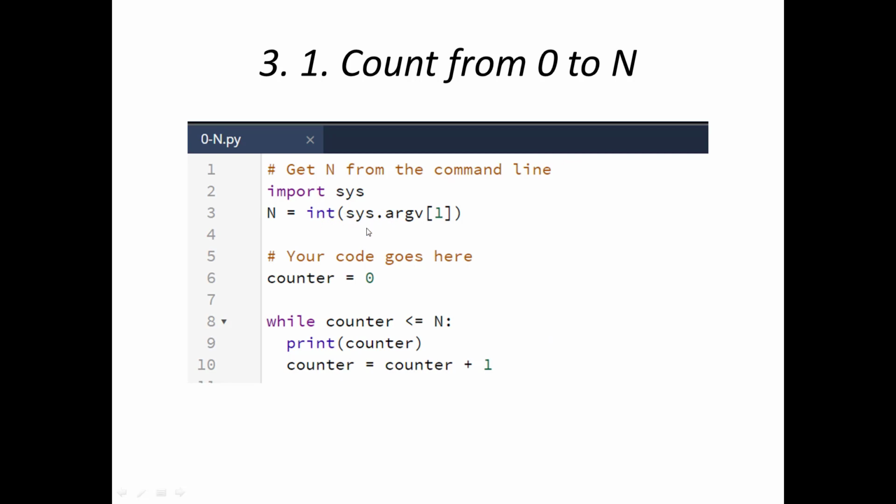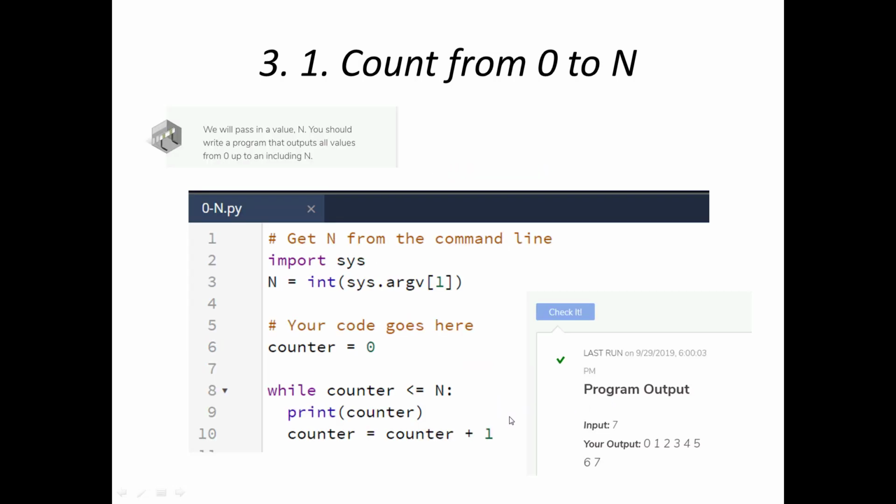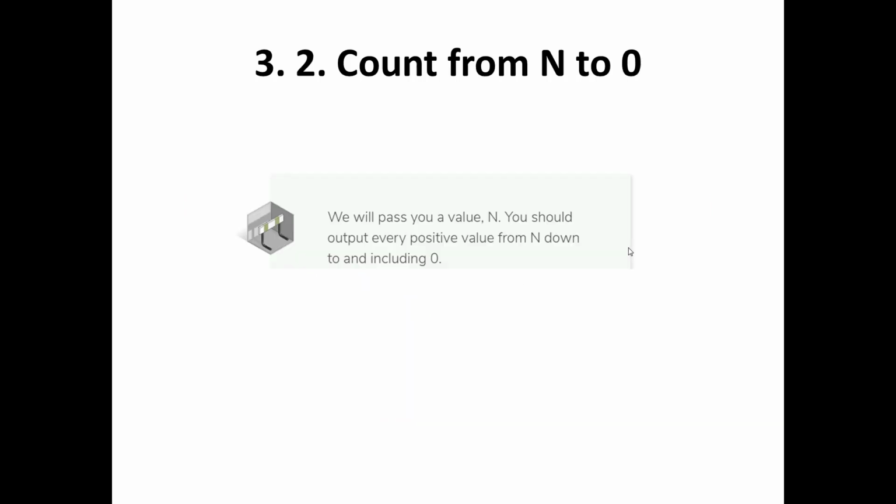Notice we turned it to an integer. We're counting by 1, so that's probably a good idea. In this particular example, our input's going to be 7. So if you're given 7, the output you're printing will be 0, 1, 2, 3, 4, 5, 6, 7.